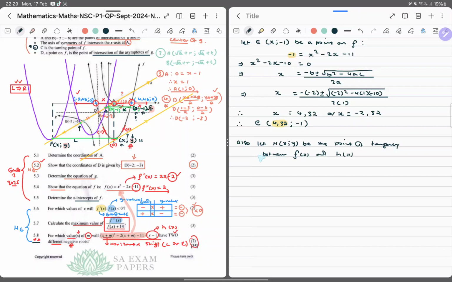Anyway, guys, now this is a bit vague because this is starting to spell out trouble, because h of x needs to be transformed as well, in a way. But all we care about is that the gradient of this graph must be equal to the gradient of this line. That's all that we care about.